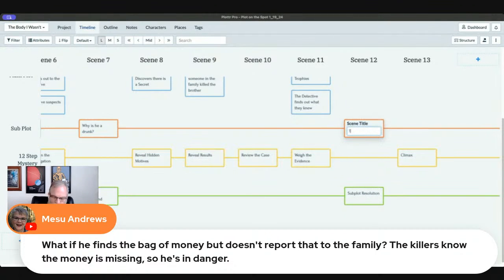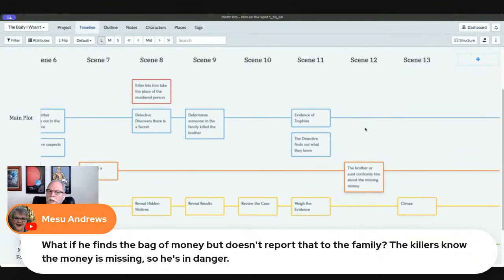So the brother or aunt confronts him about the missing money because they think he has it. What this does, on our main timeline, is solidify the fact that they are the guilty ones. So this confirms it for both the reader and the detective.